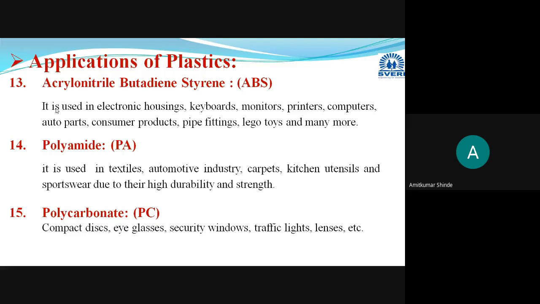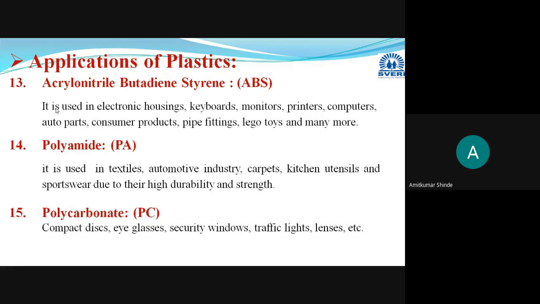It is used for manufacturing different electrical components, such as computer keyboards, computer monitors, printers, and lots of plastic toys, all manufactured with the help of this ABS. And the toys I told you about, which children play with, consisting of different small parts, can also be manufactured with ABS, acrylonitrile butadiene styrene.